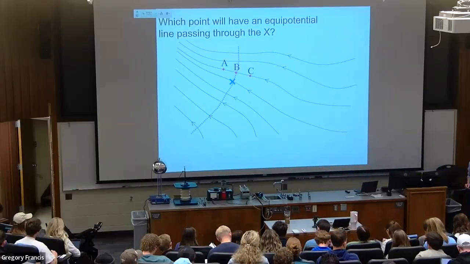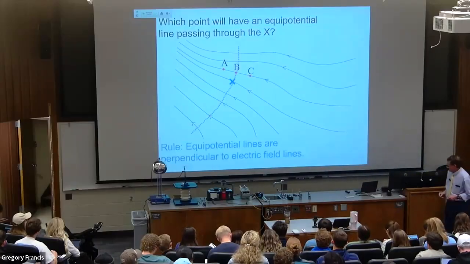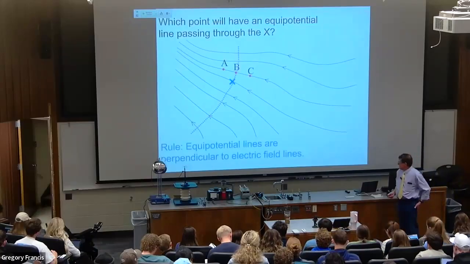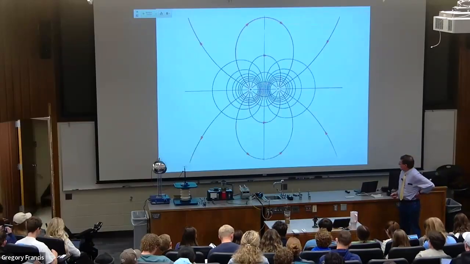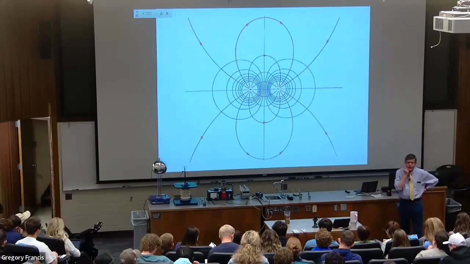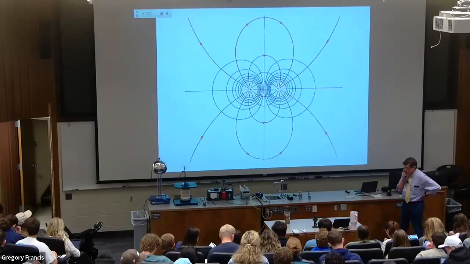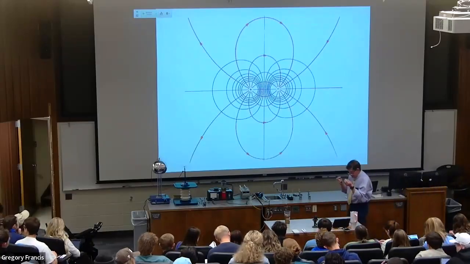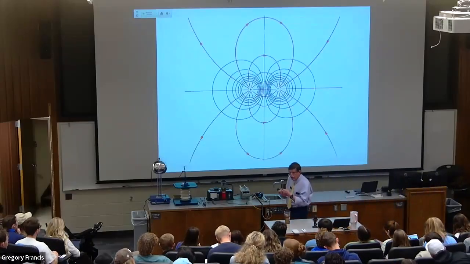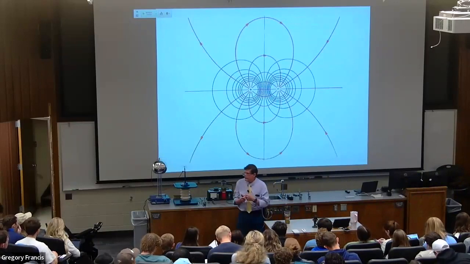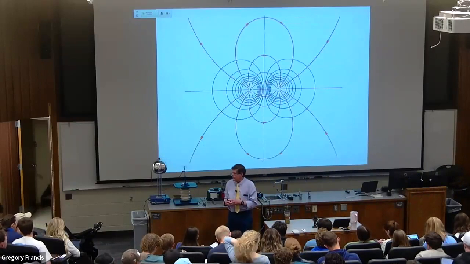Now, we often encounter something called a dipole. An electric dipole is just a positive charge and a negative charge that have the same size.